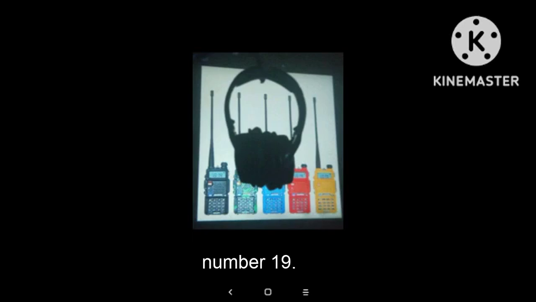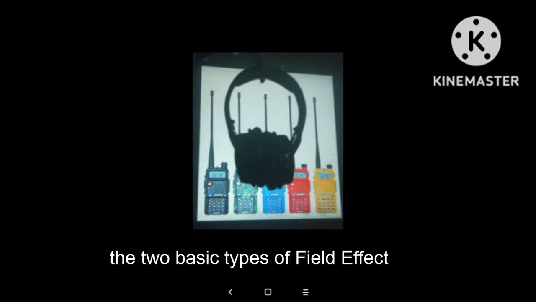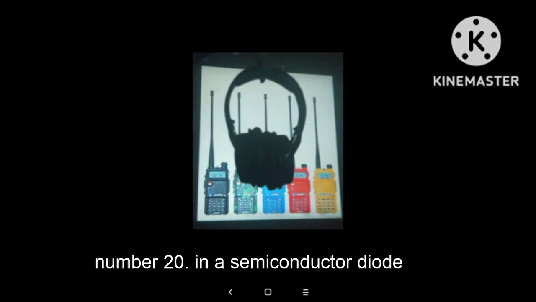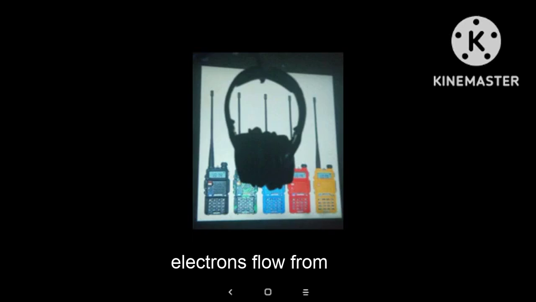Number 19. The two basic types of field effect transistors, or FET, are N and P channel. Number 20. In a semiconductor diode, electrons flow from cathode to anode.